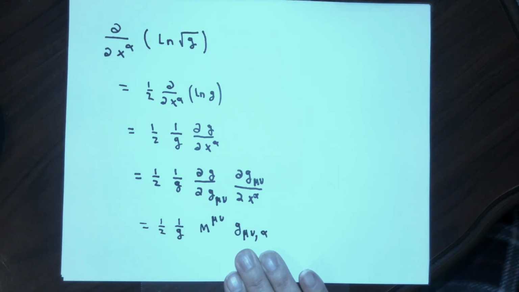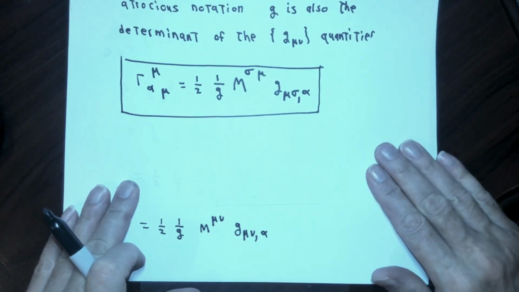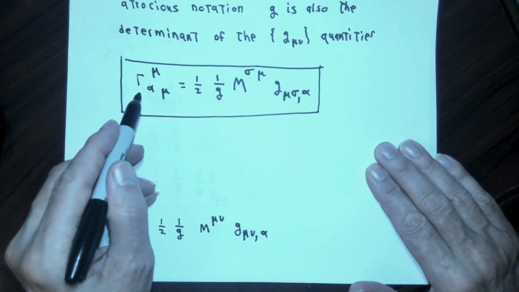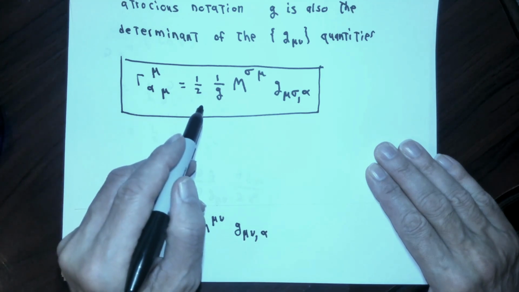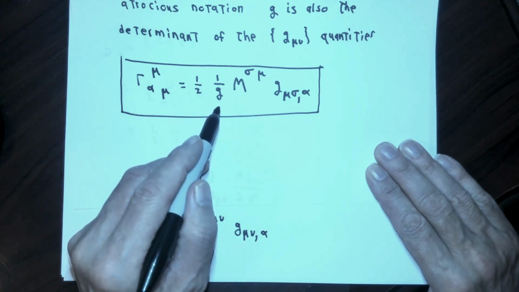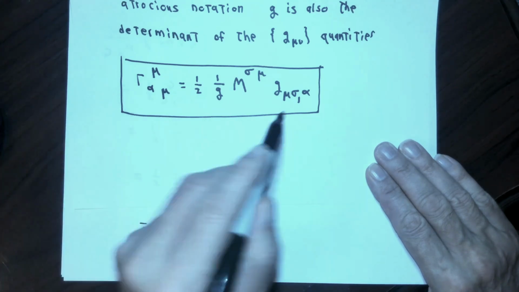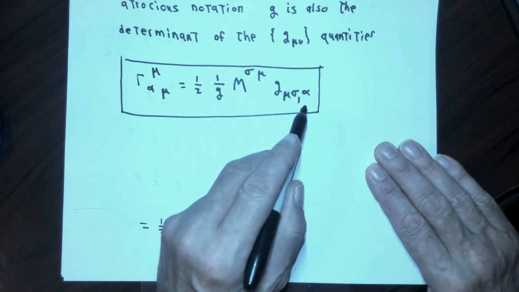And this looks very, very similar to the formula that we got for gamma mu alpha mu, which worked out to be 1/2 1 over g m sigma mu g mu sigma comma alpha.